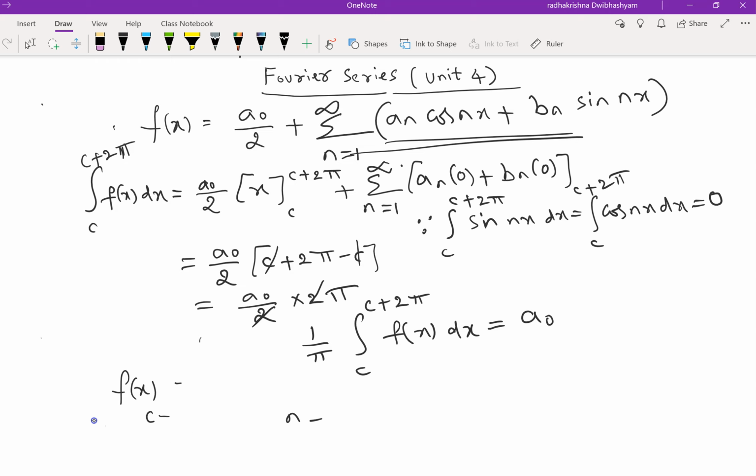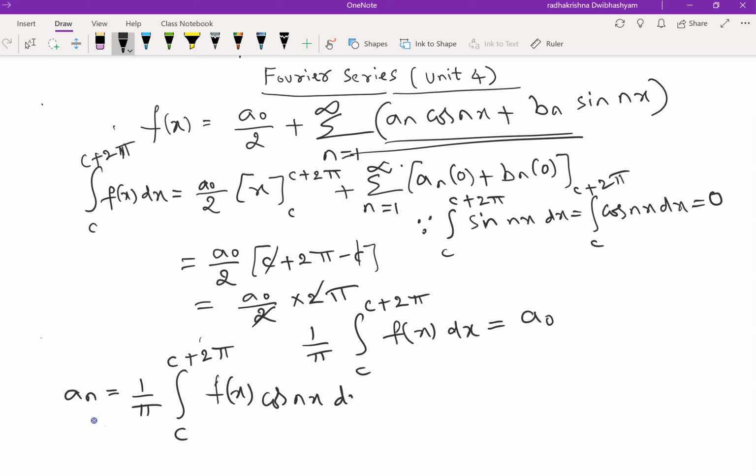So, if you derive in the same manner, we get an equal to 1 by pi integral c to c plus 2 pi f(x) cos nx dx and bn equal to 1 by pi integral c to c plus 2 pi f(x) sin nx dx. So, here a naught, an and bn can be obtained using Euler's formulae.